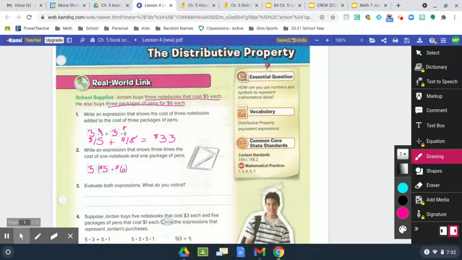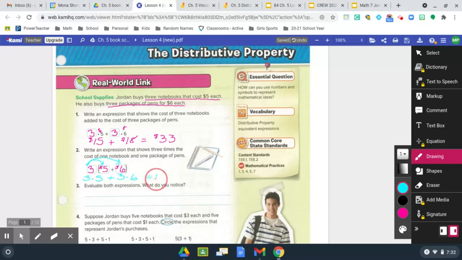So think of it as distributive, right? If I take that 3 and multiply it by everything on the inside of the parentheses, that means I'm doing 3 times $5, and 3 times $6, and then I want to add those together.